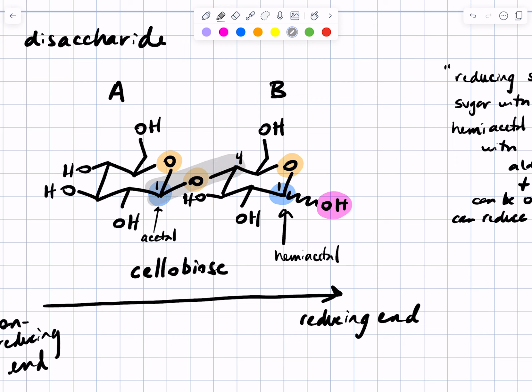That portion there is called, we could call it the acetal linkage, but we're using the term glycoside for a carbohydrate-based acetal, and therefore we call this a glycosidic linkage.